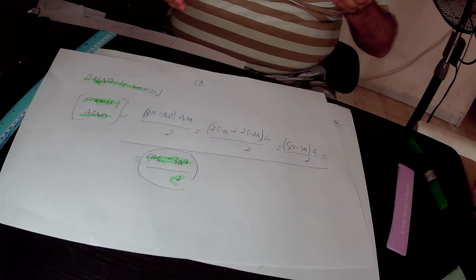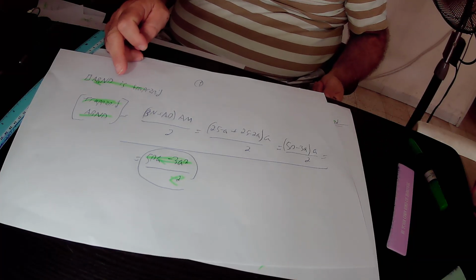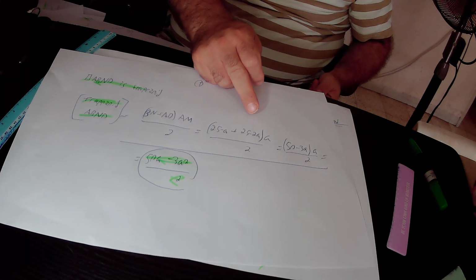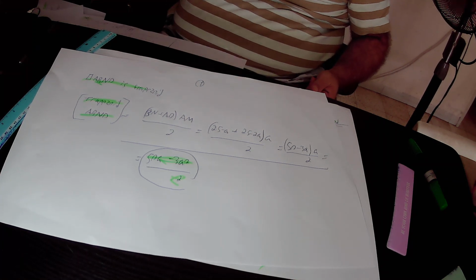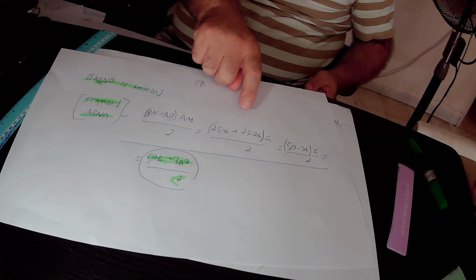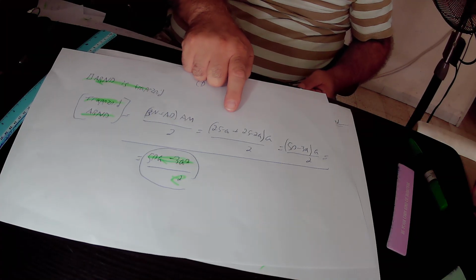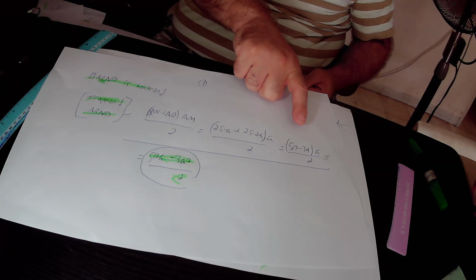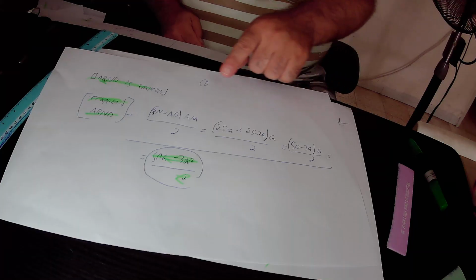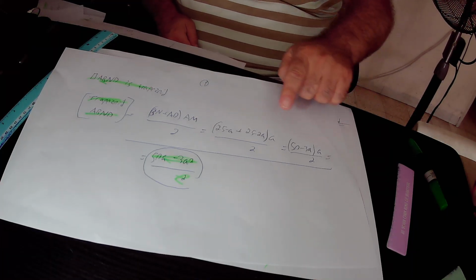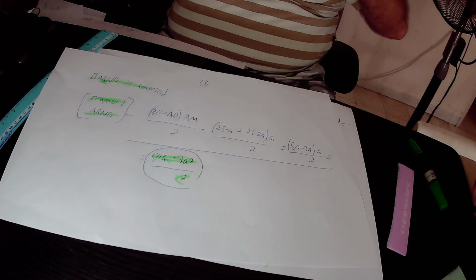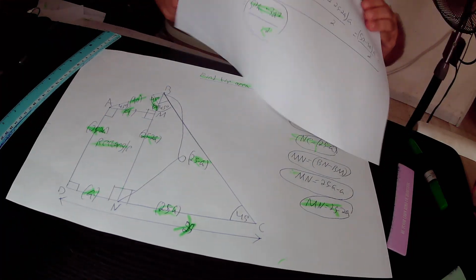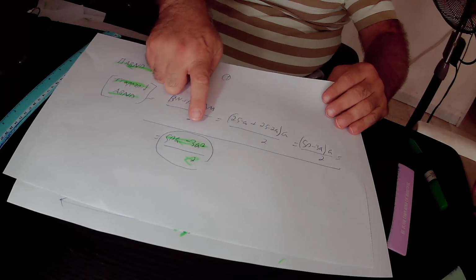So in total, the area of trapezoid ABND equals 25 minus A plus 25 minus 2A, times A over 2. 25 plus 25 is 50, and minus A minus 2A is minus 3A, multiplied by A over 2. 50 times A is 50A, minus 3A times A is minus 3A squared, over 2. So the area of this trapezoid ABND equals 50A minus 3A squared over 2.